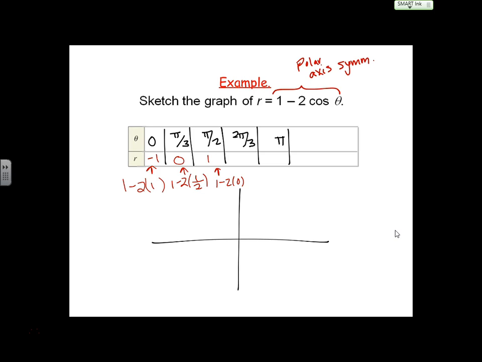Right. As we keep on going to 2 pi over 3, cosine is -1/2. Second quadrant, cosine's negative. How does that change things? 2 times 1/2 is still 1, but a negative times a negative is a positive. What's 1 plus 1? Well, that's bigger. And then for pi, what's cosine of pi?